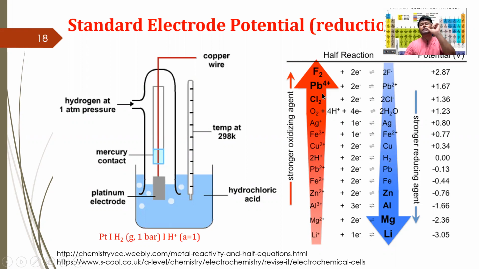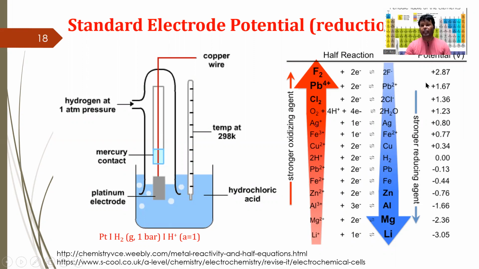It has a certain value or tendency to accept electrons. For hydrogen, the tendency to accept or donate electrons is 0, so we keep the reduction potential, or oxidation potential, of hydrogen at 0.